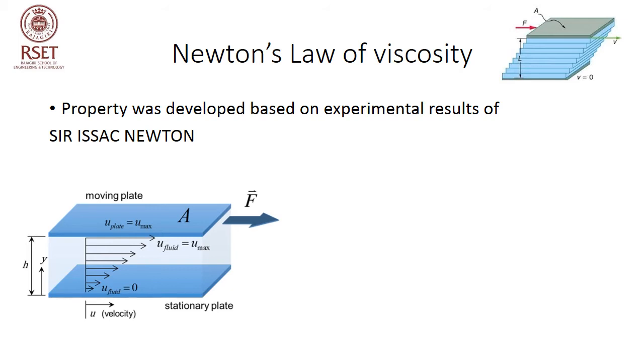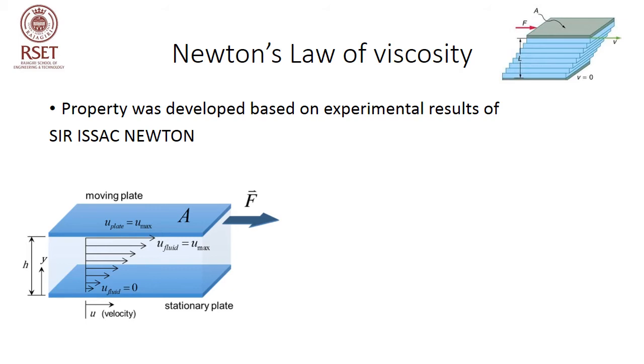Now the way in which viscosity is explained is based on Newton's law of viscosity, which was obtained by an experimental study by Sir Isaac Newton. In his experimental study, he took a stationary plate, and above that another plate, with fluid layers in between which are free to move.